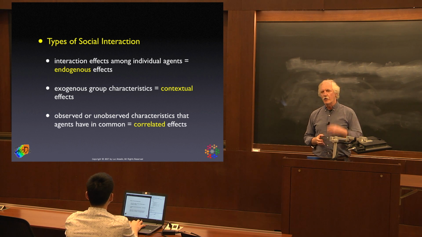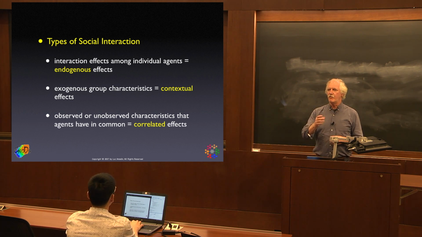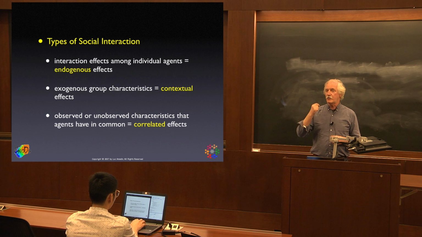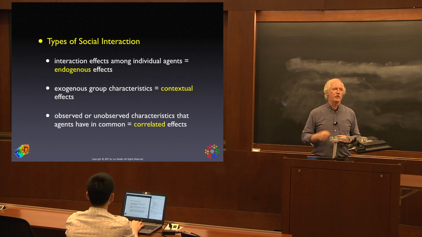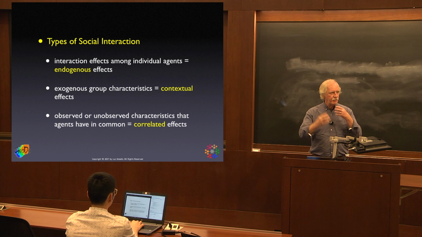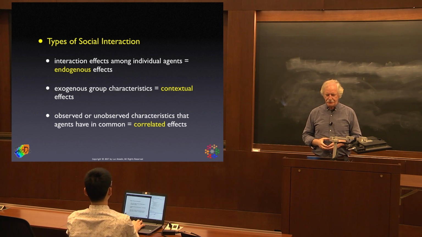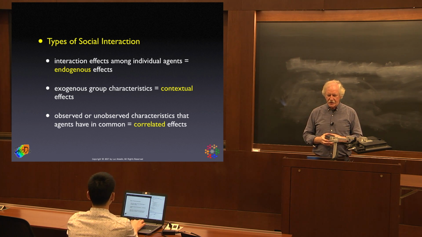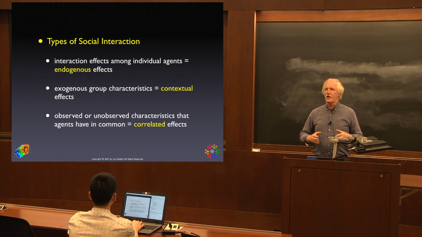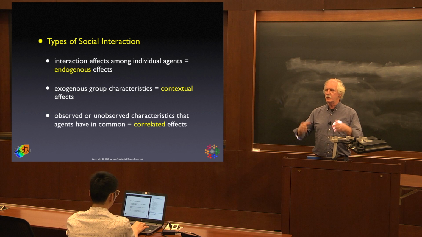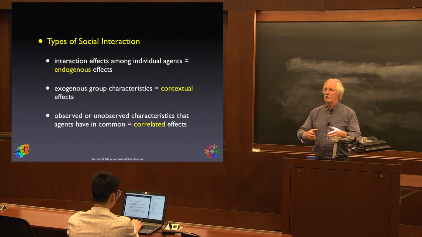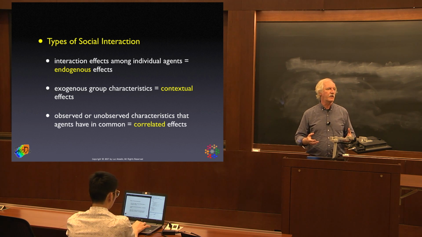So you vote for a certain president, therefore you communicate that to me, therefore I vote for that president as well. That's endogeneity, right? Or is it observable exogenous group characteristics? We're all of the same religion, and all people of that religion vote for the same candidate. These would be called contextual effects.